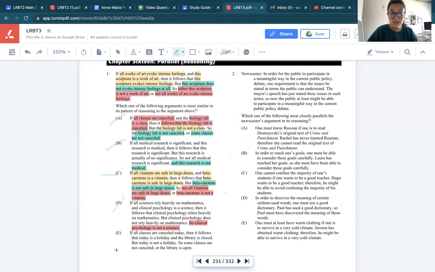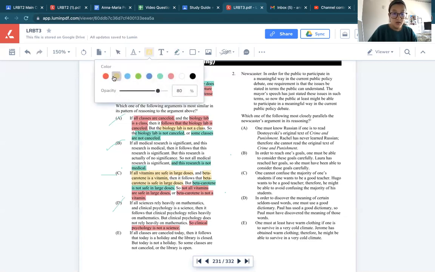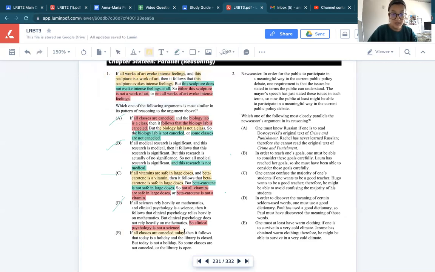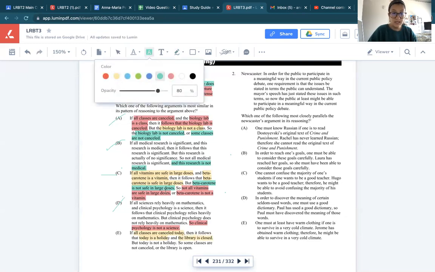E. If all classes are canceled today, then it follows that today is a holiday and the library is closed. But today is not a holiday, so some classes are not canceled or the library is open. So let's break this one down. Let's do the yellow. So all classes are canceled today. Today is a holiday. The library is closed. But today is not a holiday.